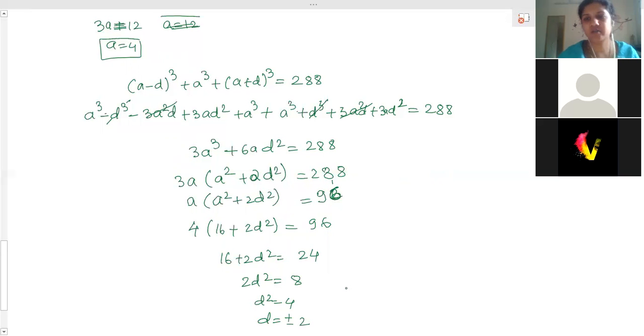So now find out the 3 terms. 2, 4, 6 and 6, 4, 2. 246 and 642, right?